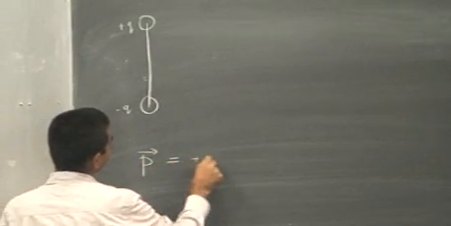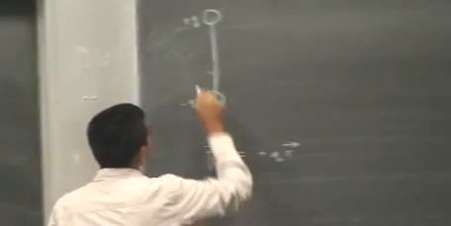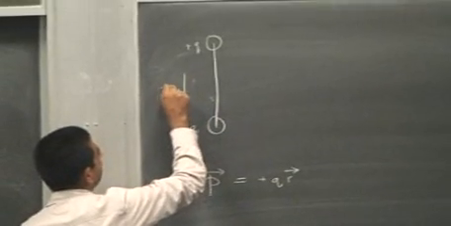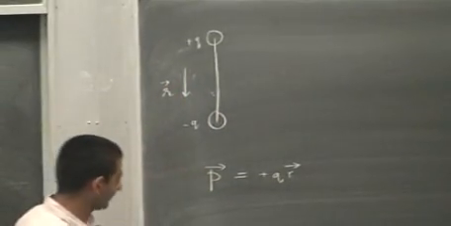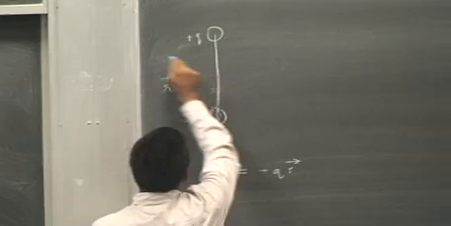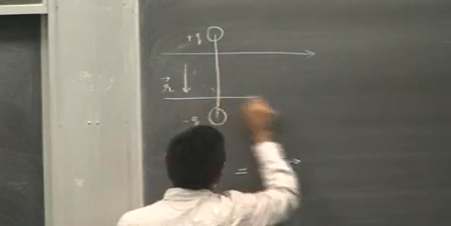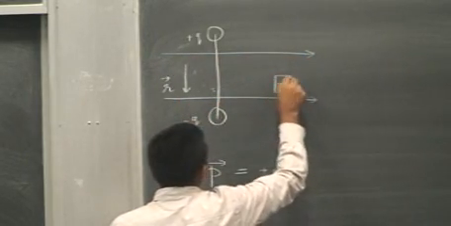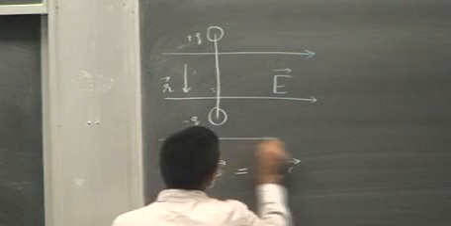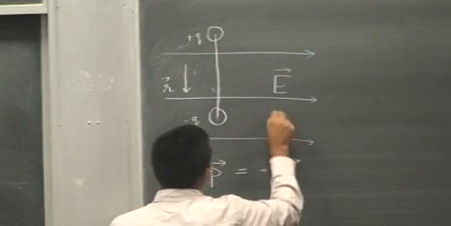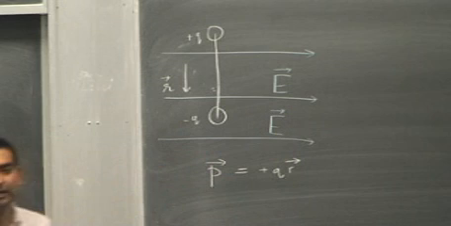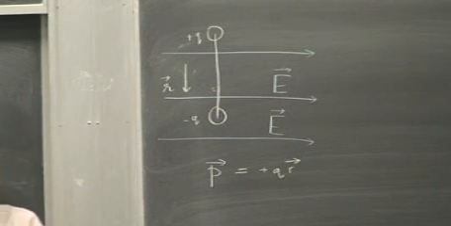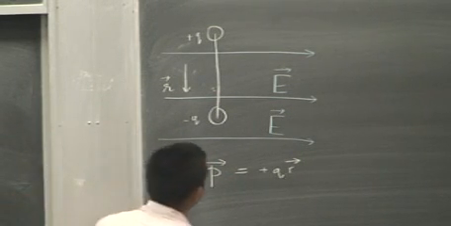P is equal to q r. This is the separation, or the vector separating the two charges. You place this electric dipole inside a uniform electric field.